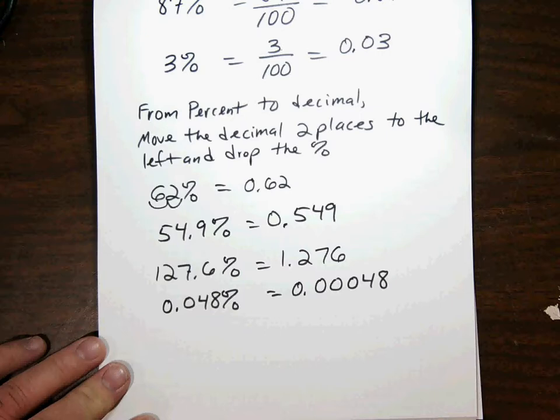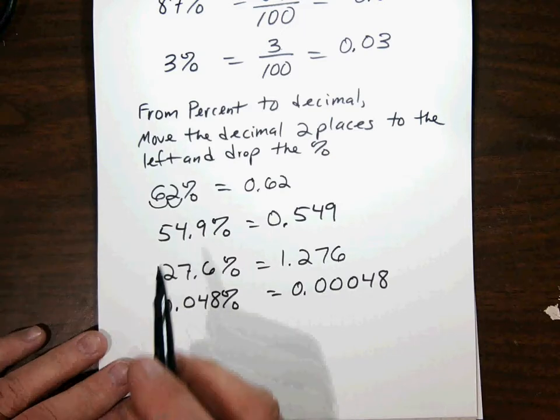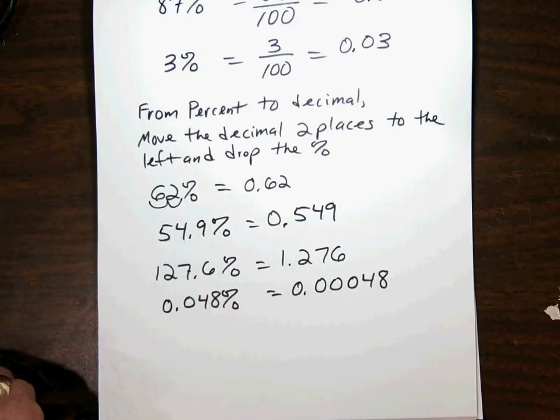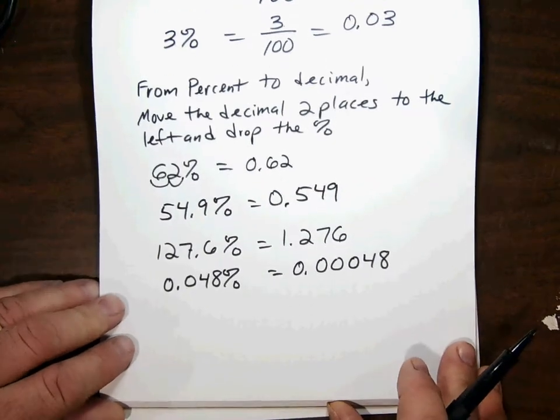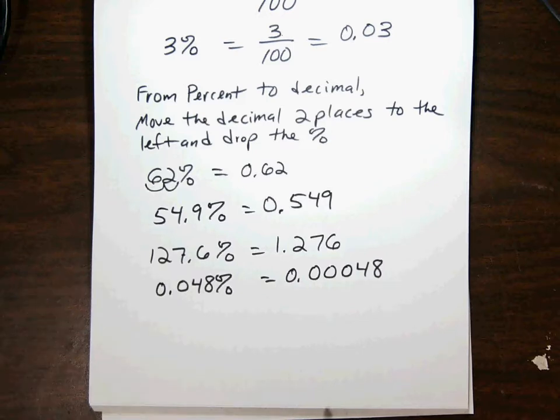So from percent to decimal, I move that decimal 2 places to the left. If there's no decimal showing, it's at the end of the number, right? I move it 2 places to the left, and I drop the percent sign. If I'm going back the other way, it's the reverse. I take that decimal and move it 2 places to the right and tack a percent sign back in there.